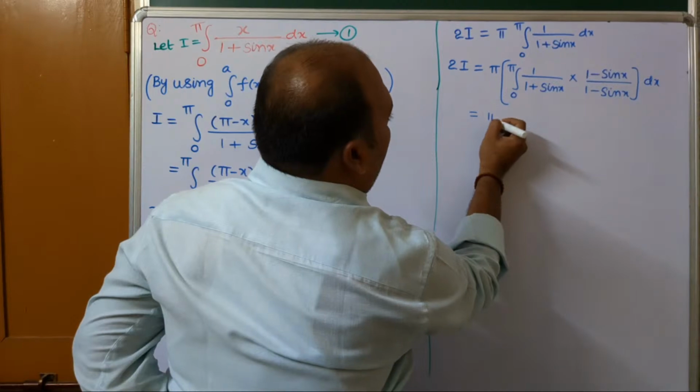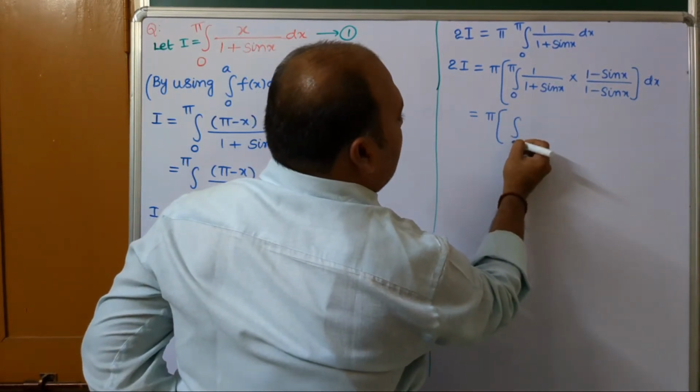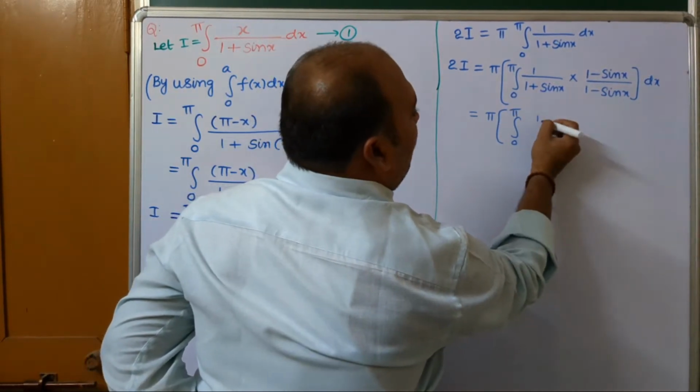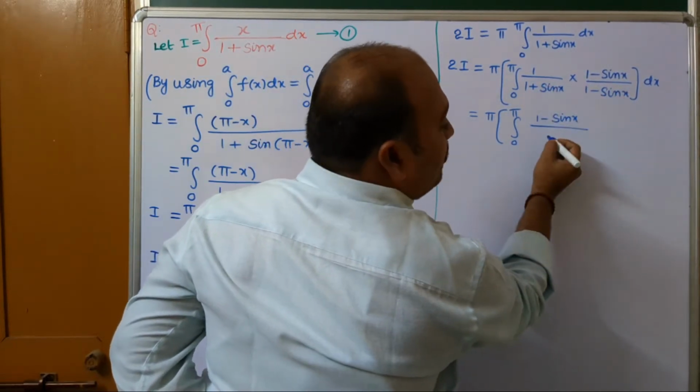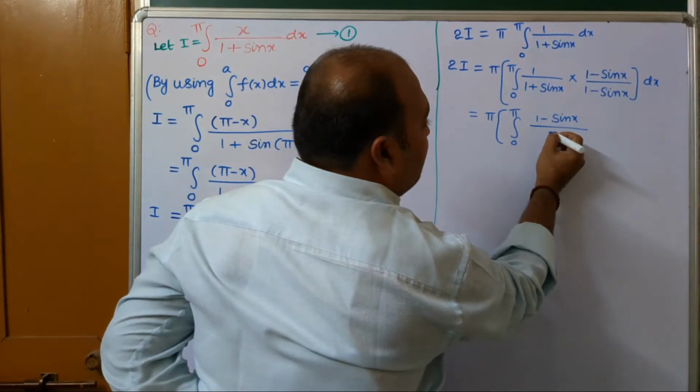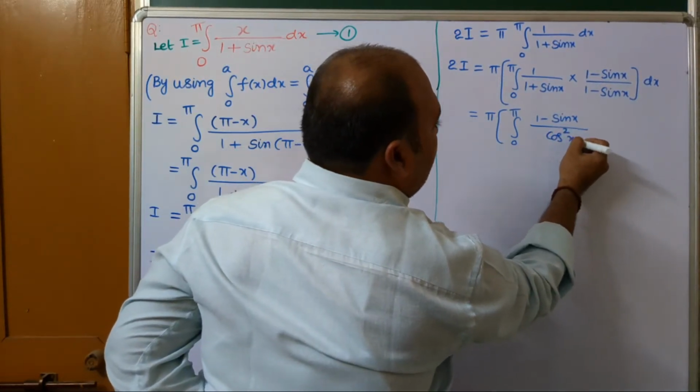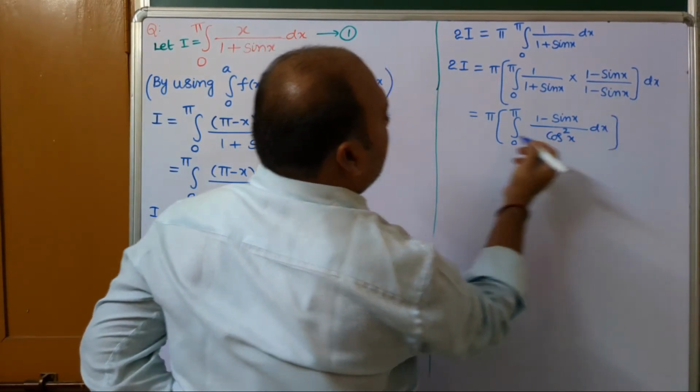So pi into integral 0 to pi, 1 minus sin x, (a plus b) into (a minus b) is a square minus b square, so 1 minus sin square x is cos square x, into dx.